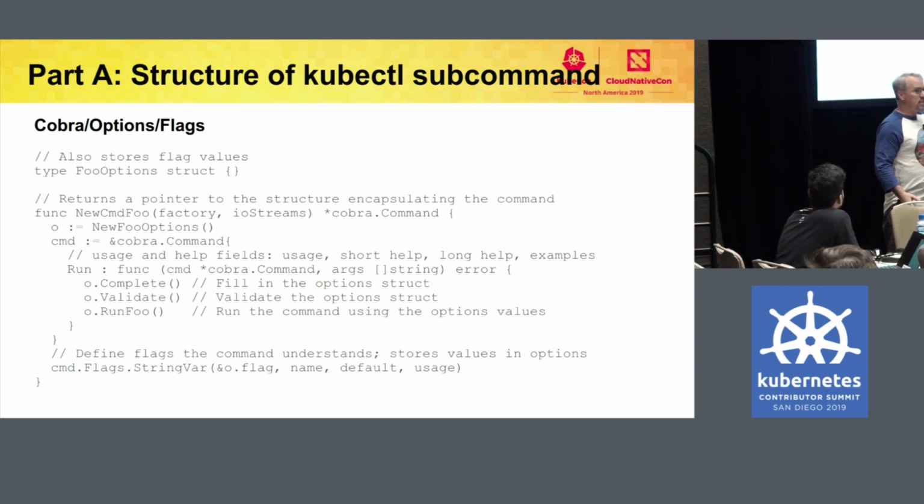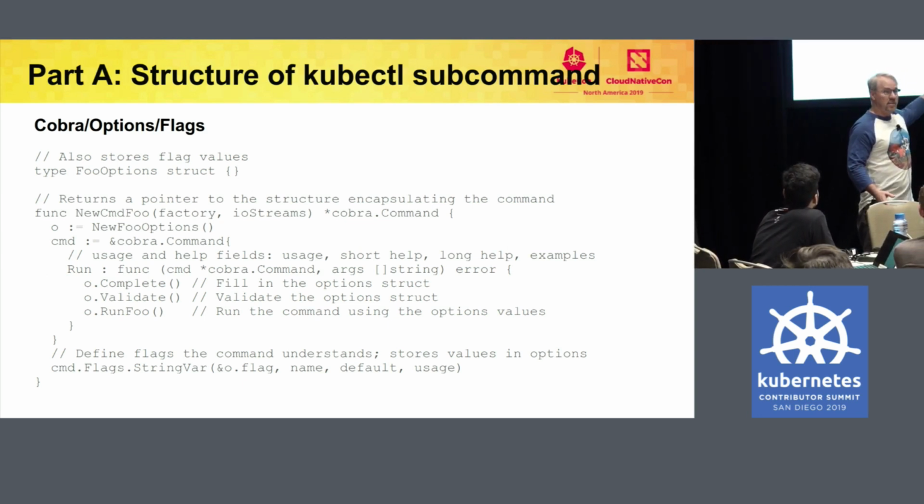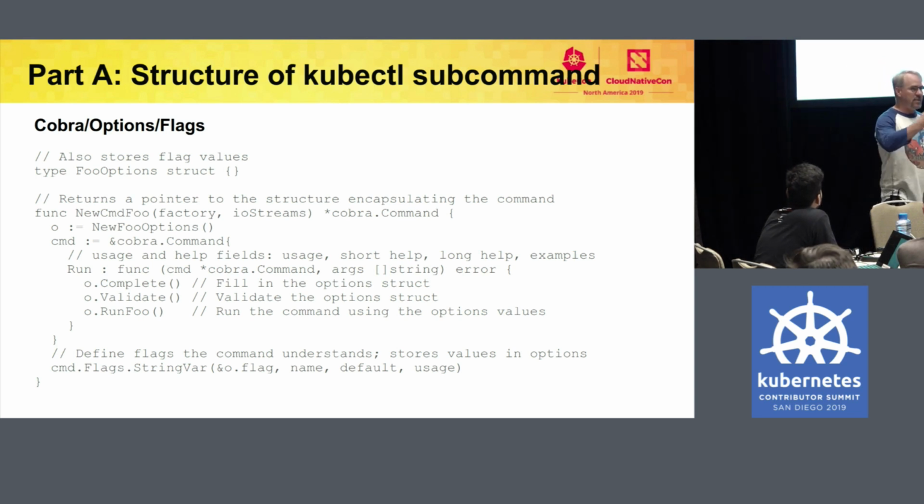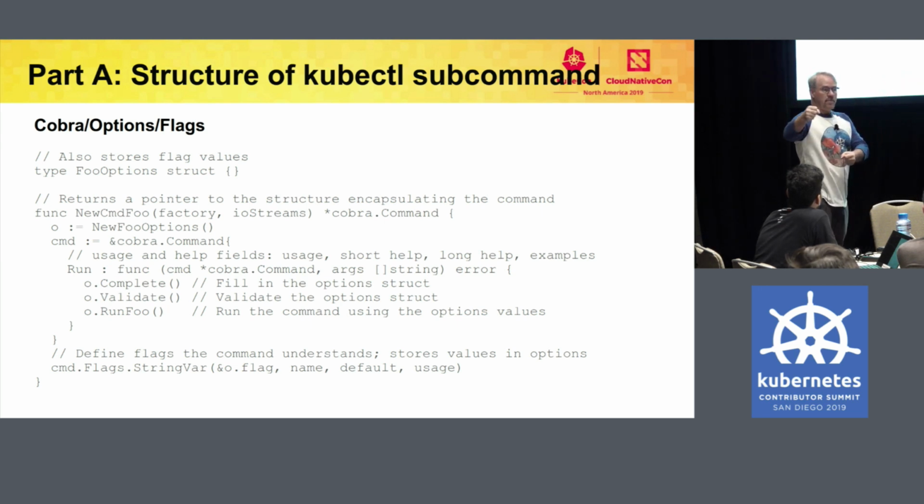This is what a kube control subcommand normally looks like. It has an options struct, and these option structs are usually filled in with values from flags, and then kind of built up maybe from certain values of flags.